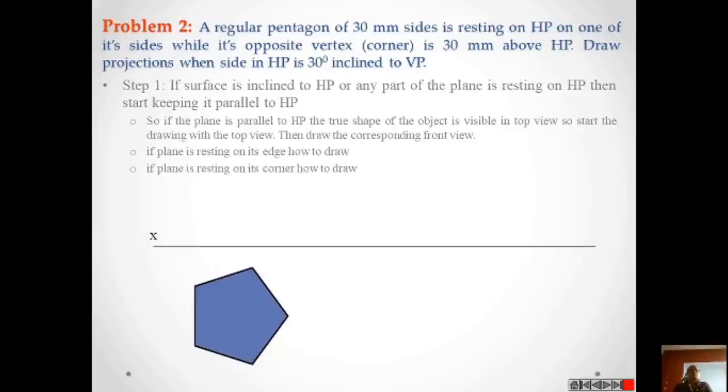Now here it is a pentagon. Now we will get a question of how to draw this pentagon. So this is one way of drawing, keeping this edge perpendicular to XY. Keep this edge perpendicular to XY, complete this pentagon, drop the projections and draw the front view.